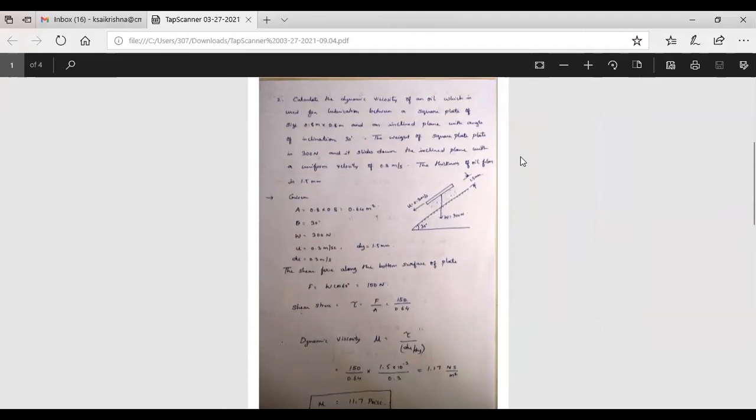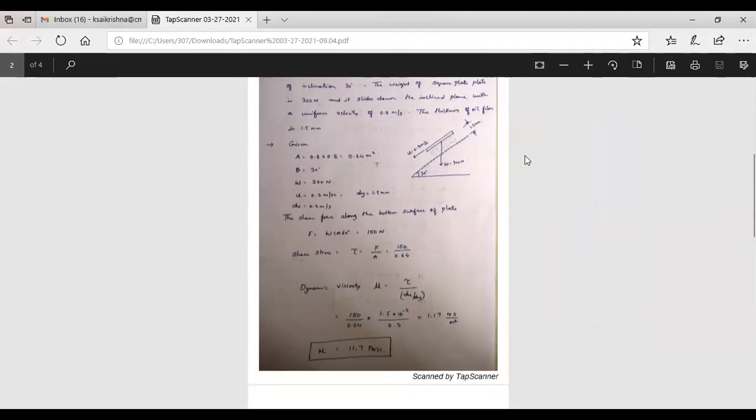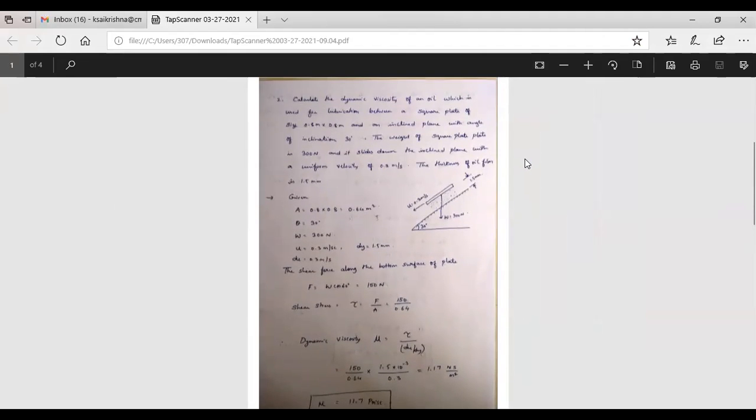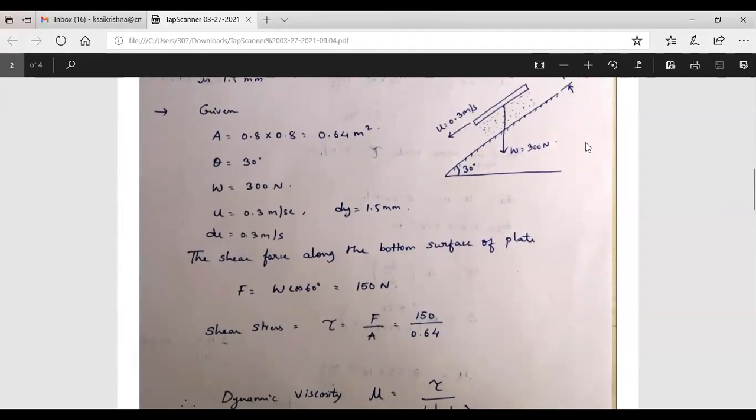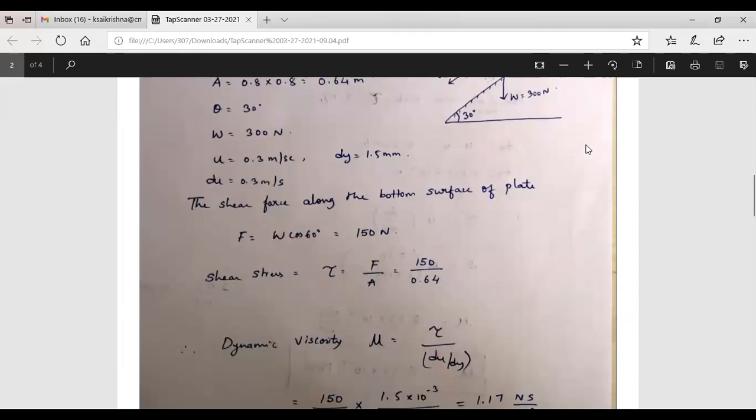Is it visible if I keep it like this, or shall I increase? Little bit increase, sir. Okay. Yes, it's okay. Right. Okay, write it down a little bit faster. If you have any doubts up to these two problems, please ask now.